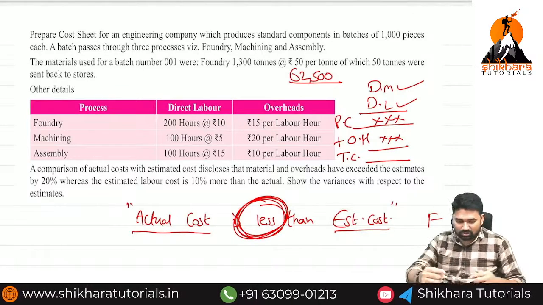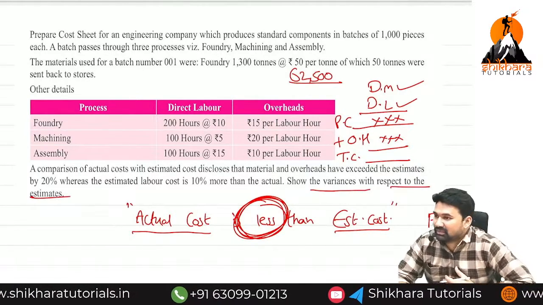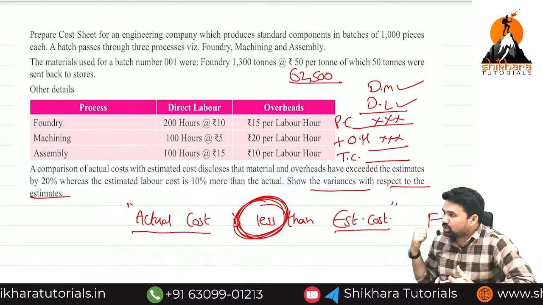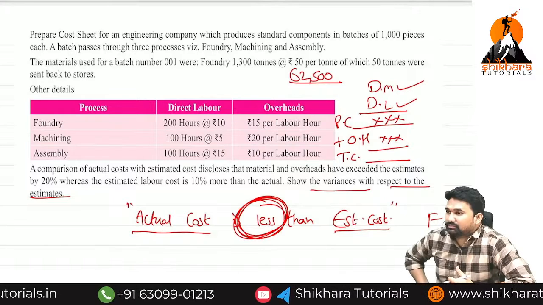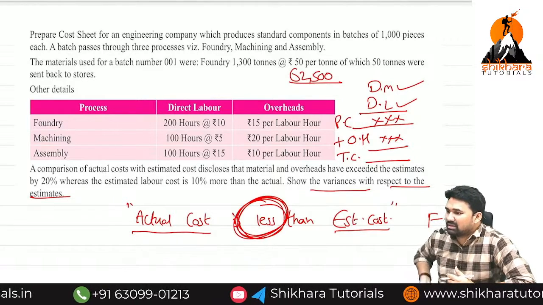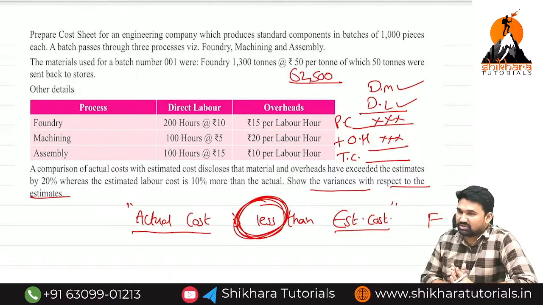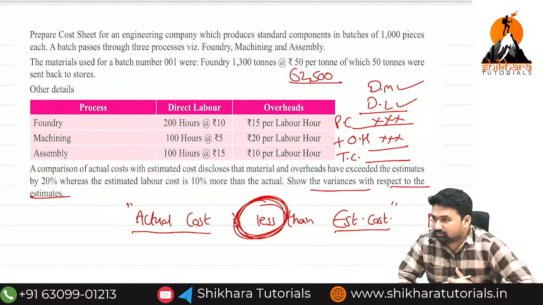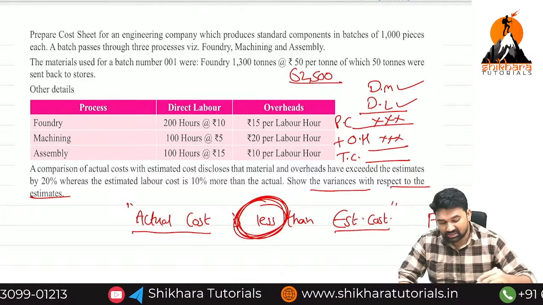Okay. So show the variances with respect to the estimate. He is asking to show the variances with respect to the estimate. Variance means the deviation from budget. You should tell whether it is a favorable situation or adverse situation. That is the whole problem. So listen carefully.